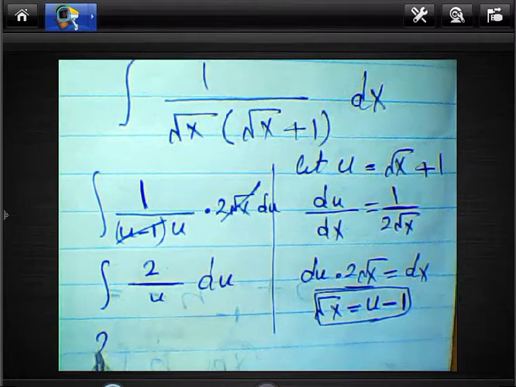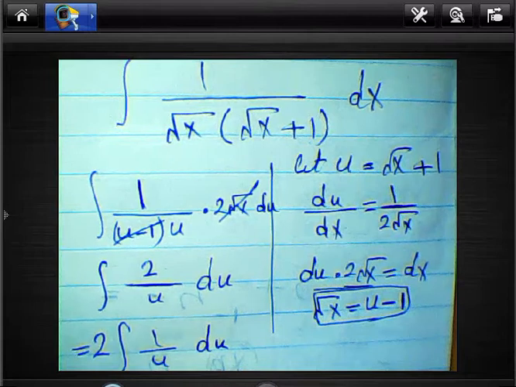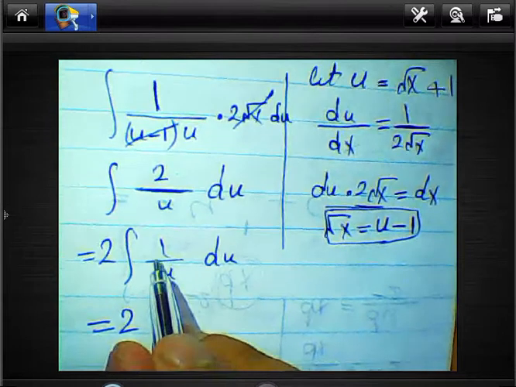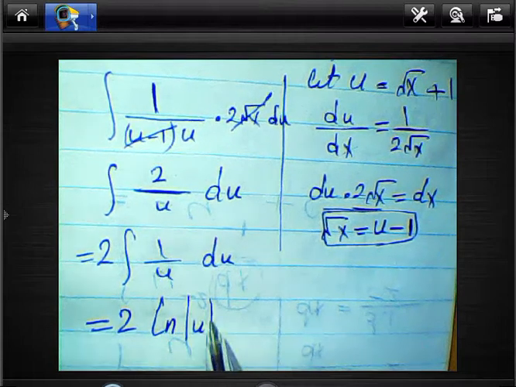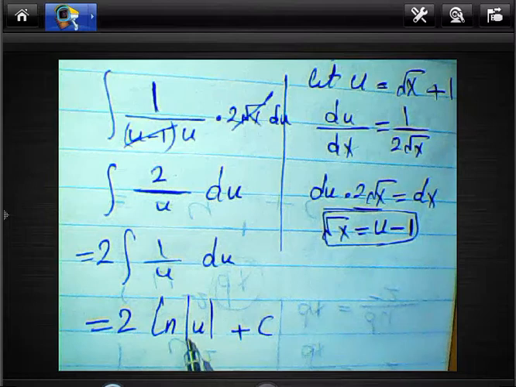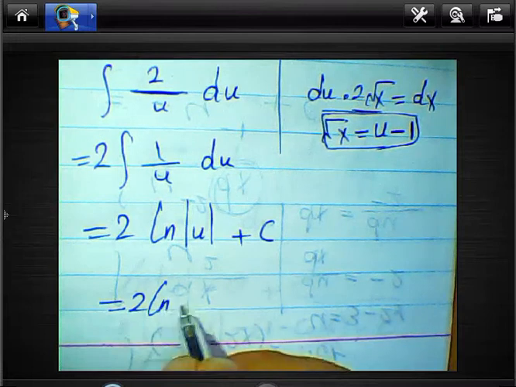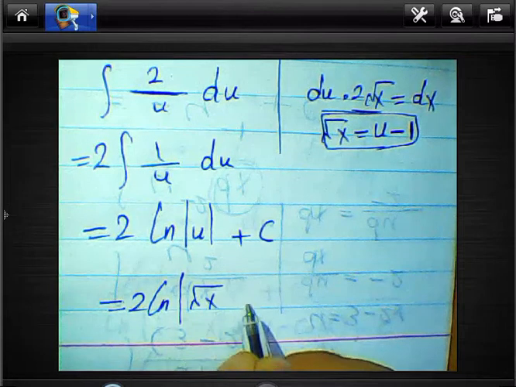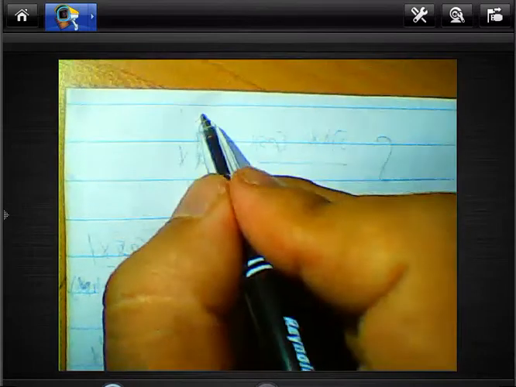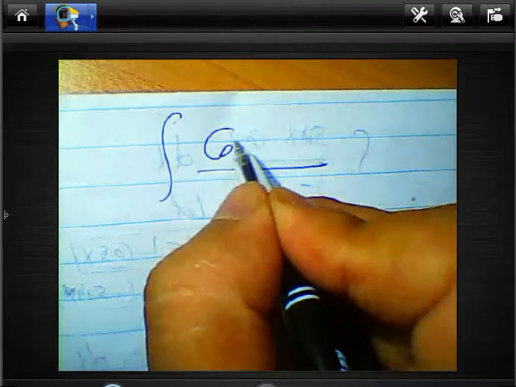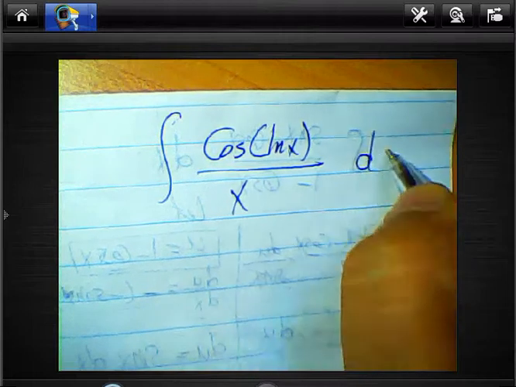We can write it outside, 2 integration of 1 over u du. We know 1 is the derivative of the denominator, so we can write 1 multiply ln absolute value of the denominator plus constant, and u we can write as root x plus 1, equal to ln absolute value of root x plus 1 plus constant. Look at another example, integration of this function cosine ln x over x dx.